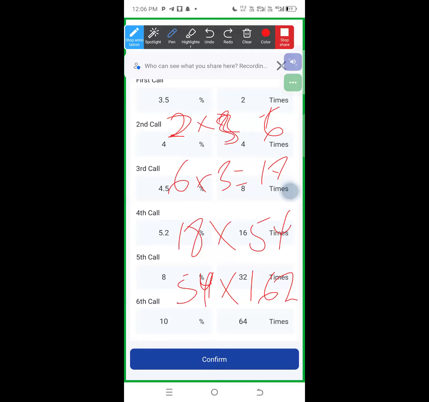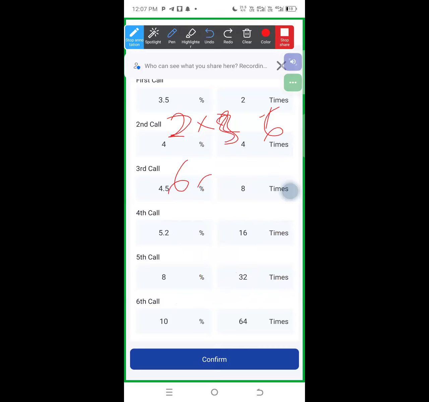So let's see the tripling of maybe $100. So it simply means over here, you are using $1.